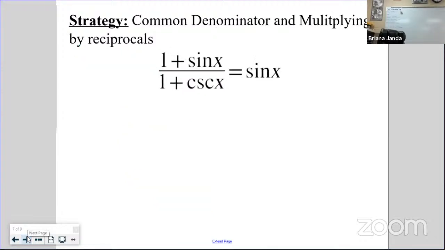Okay, last new strategy for us. When I start this next problem, I put this one up here because it looks to me like, wouldn't I just do this the same as I did on the last page? I'm going to show you the difference. Right here, this is not a sine or a cosine.